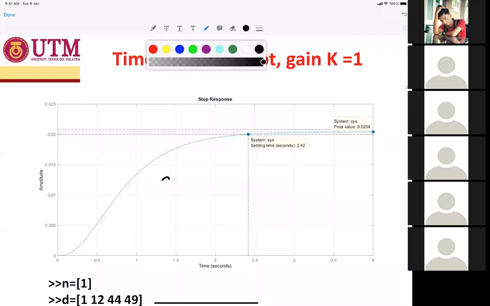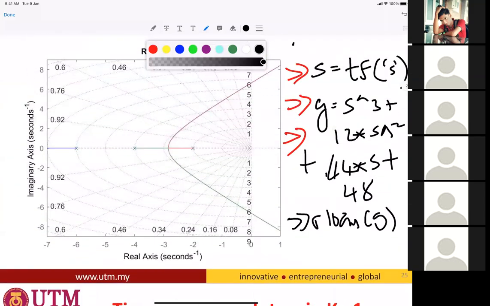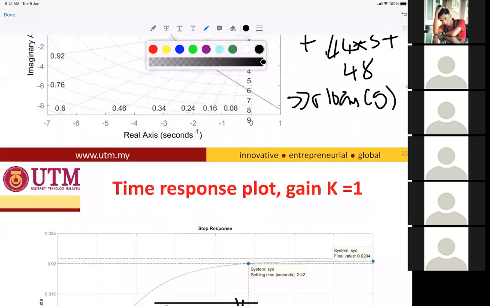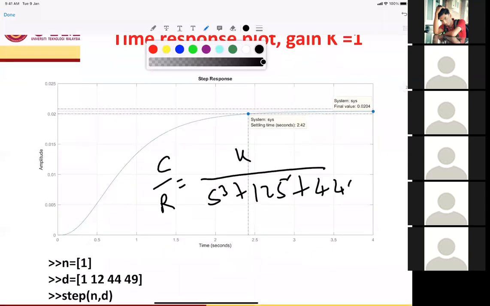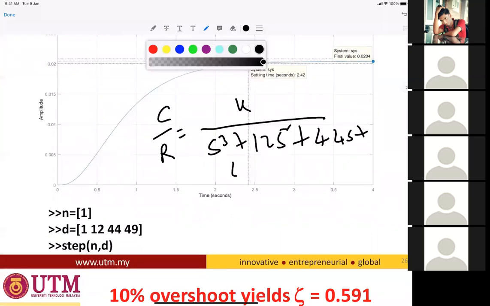Okay, so in this case, the time response for this is the closed loop. Meaning that C over R is equal to K over S cubic plus 12 S square plus 44S plus 48 plus K. And you assume K is equal to 1.